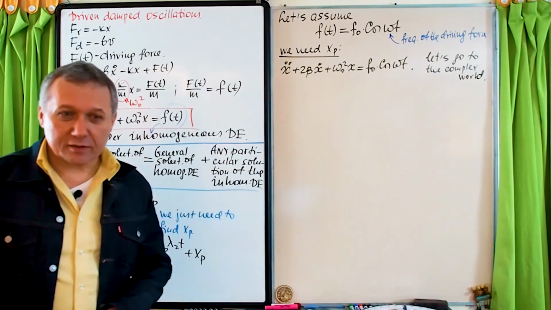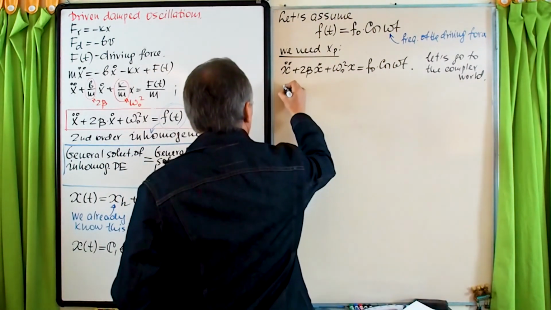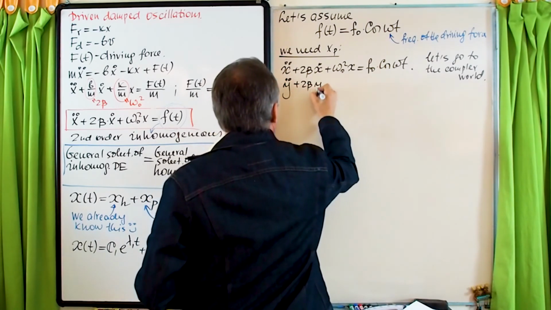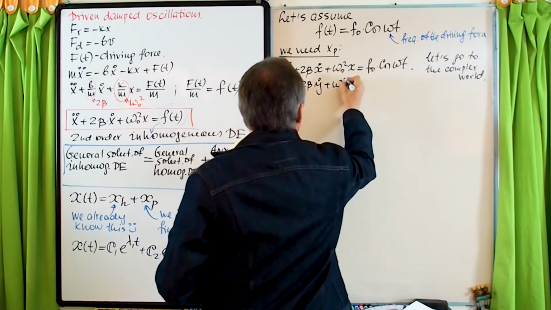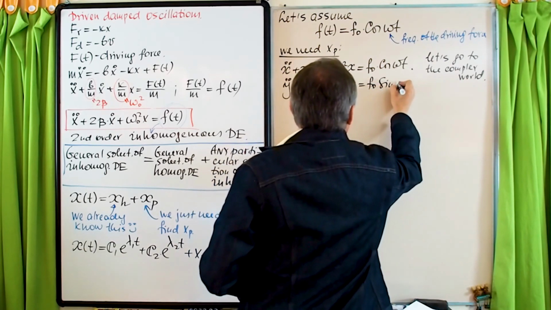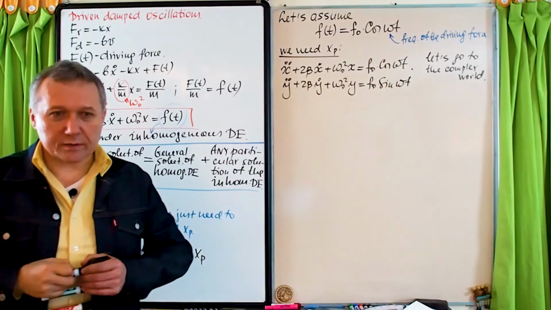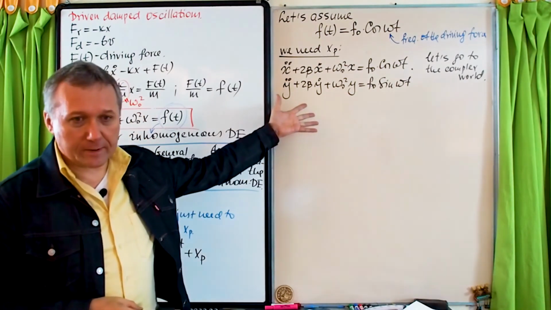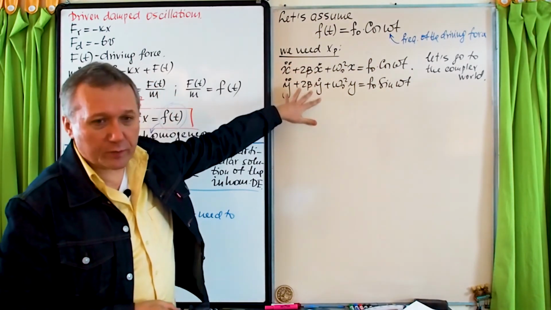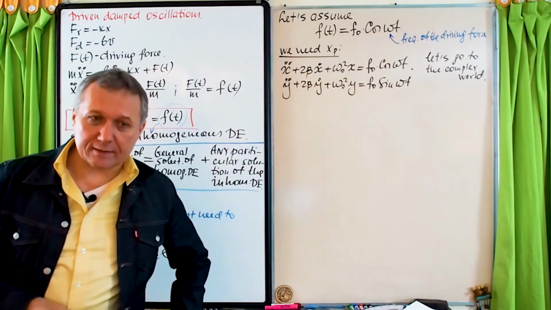So let's write down another differential equation, but now for y: y double dot plus 2 beta y dot plus omega naught squared y equals f naught sine omega t. Of course, who cares that I'm creating this second differential equation; I'm going to add it to the first one after multiplying by i, in order to create z functions.